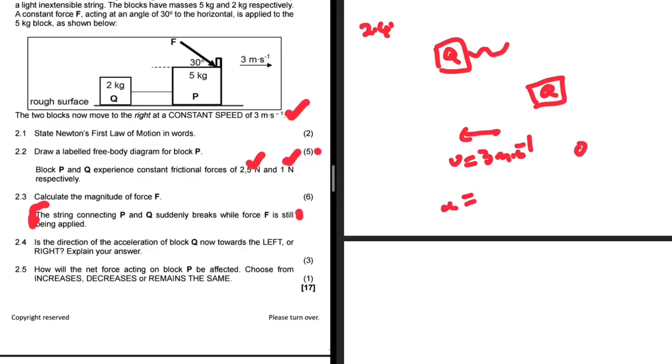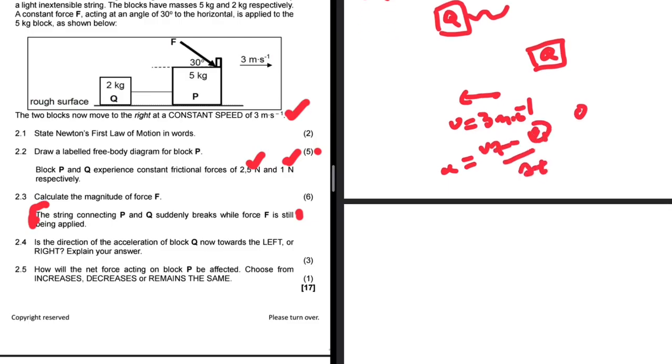So acceleration equals Vf minus Vi divided by the change in time. Vi is greater than Vf, so the acceleration is going to be negative, right? We're going to have minus 3 divided by delta t. So the acceleration is going to be to the left.